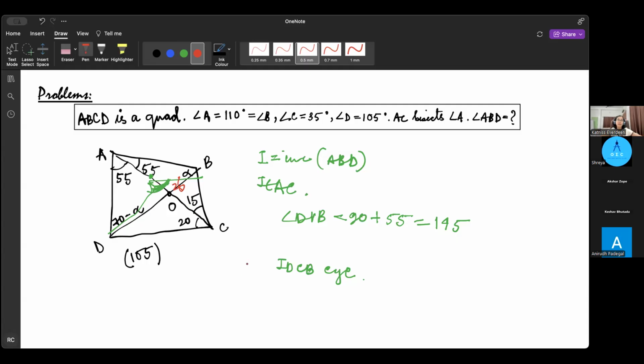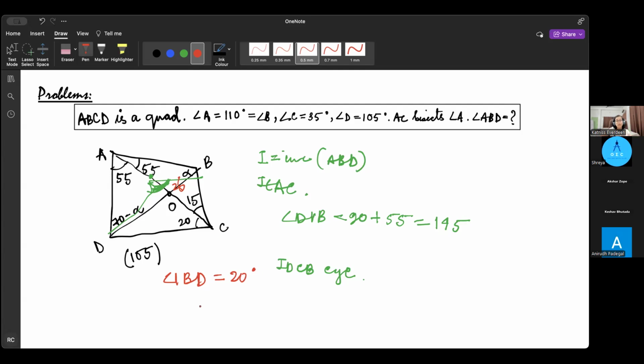Does anybody have any idea what we should do next? What do you want to find out? IBD is angle B by 2, so IBD is ABD by 2.